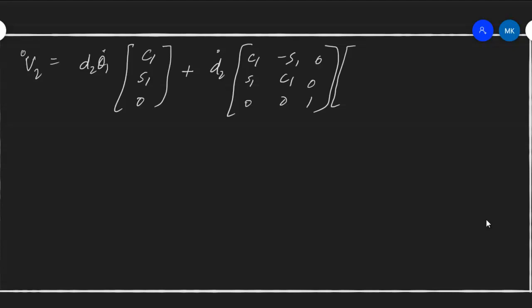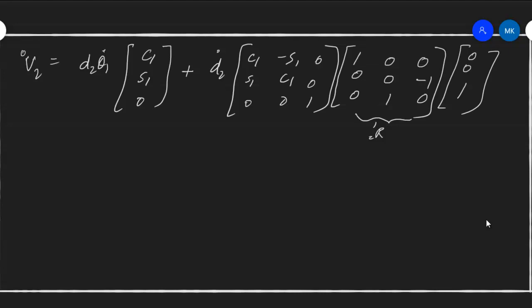If we use that matrix and substitute the values, alpha is 90 degrees and theta is actually in this case 0 degrees, we will finally come out with something like this: 1 0 0, 0 0 minus 1, 0 1 0, which is nothing but r2 to 1 in this case. Then it is multiplied by e2, which is 0 0 1, the z vector.